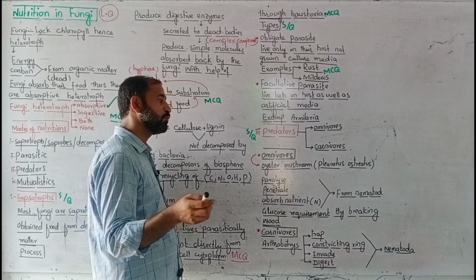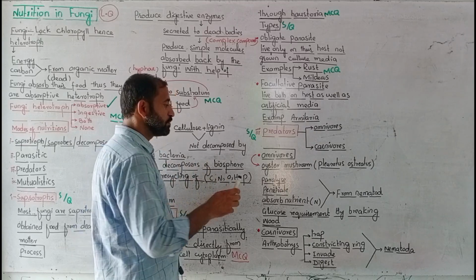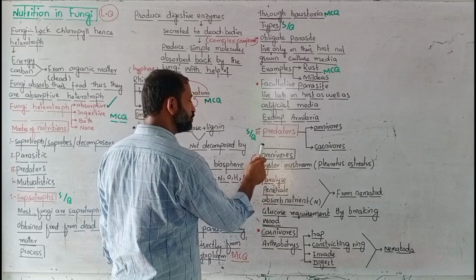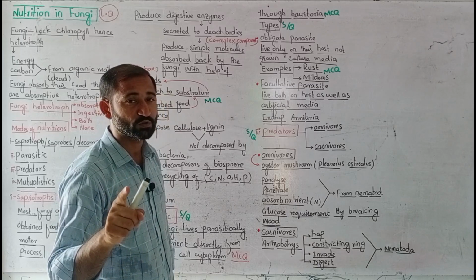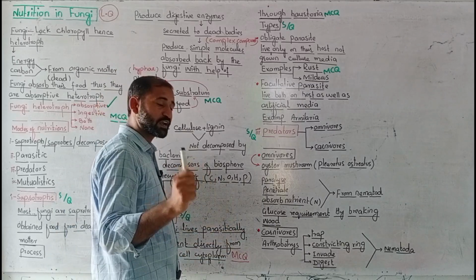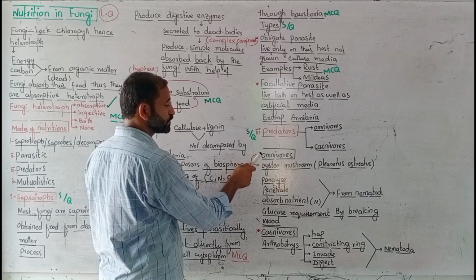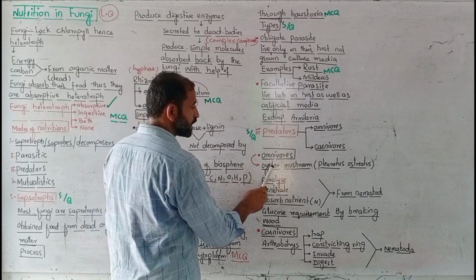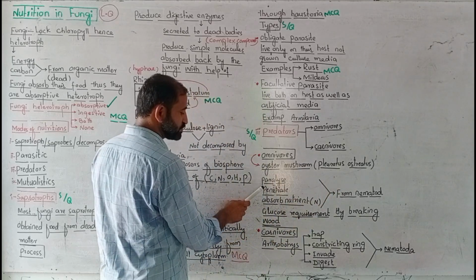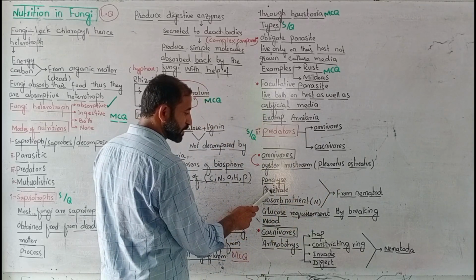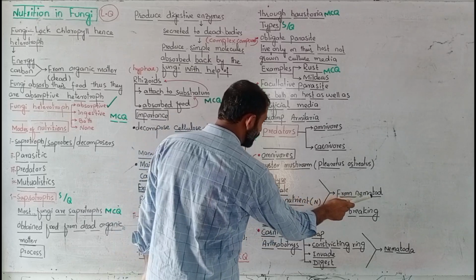Arthrobotrys is not an omnivore, it is a carnivore, but the oyster mushroom is the omnivore. The oyster mushroom, Pleurotus ostreatus, paralyzes, penetrates and absorbs nitrogen from nematodes.